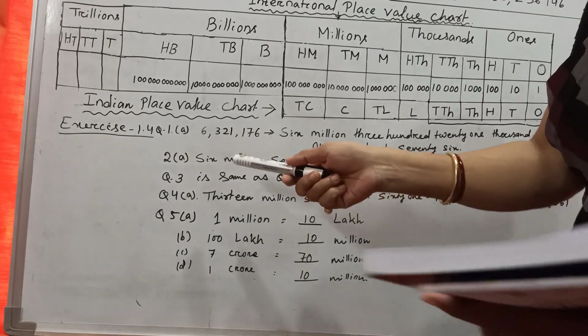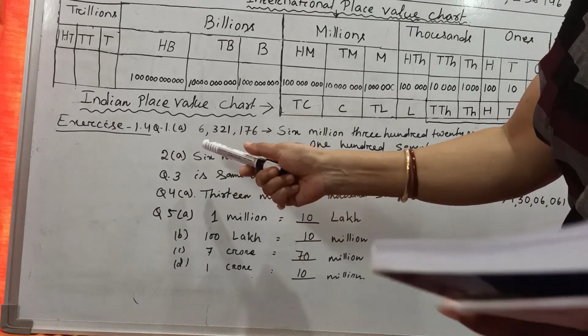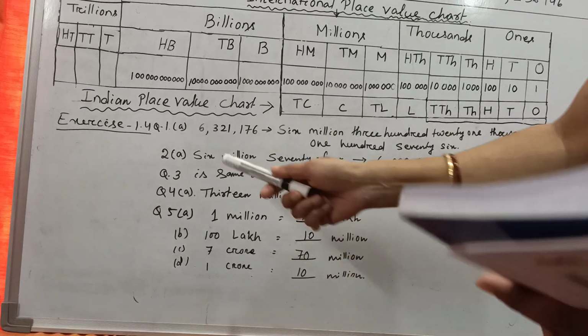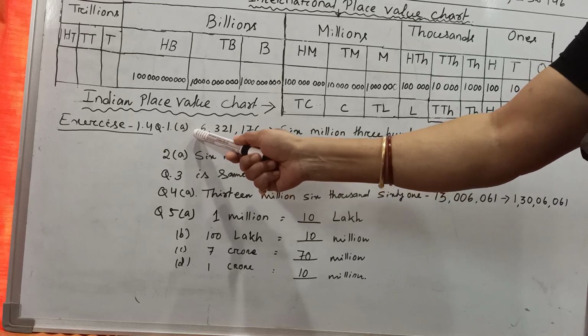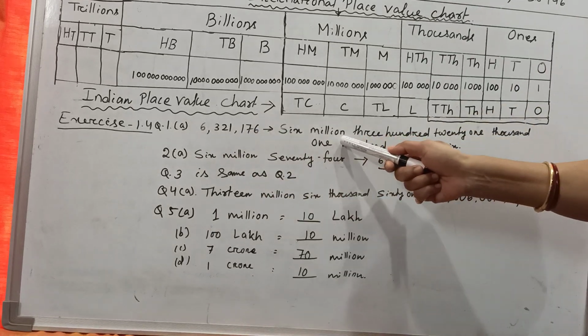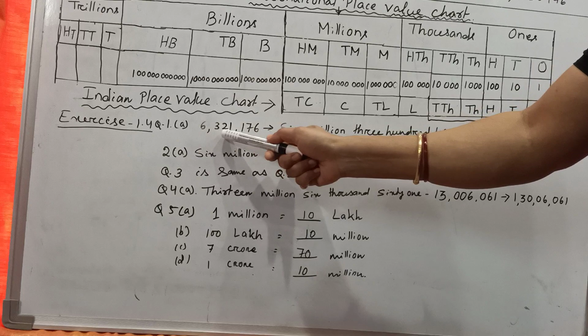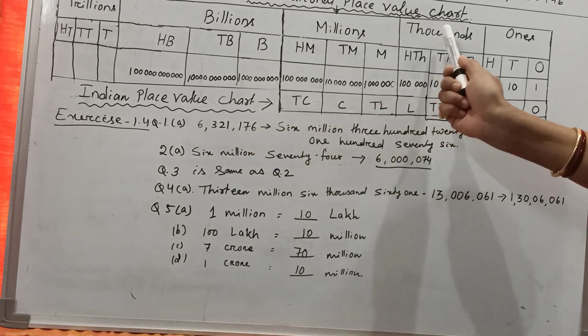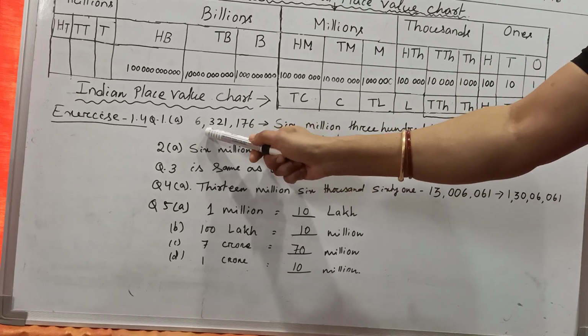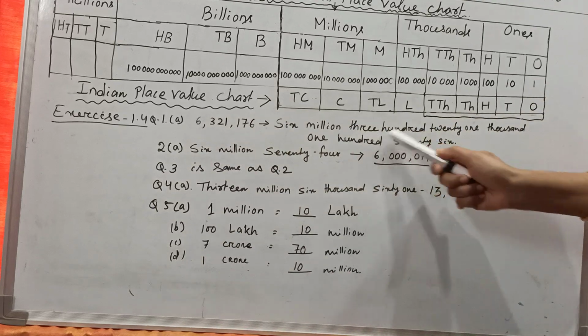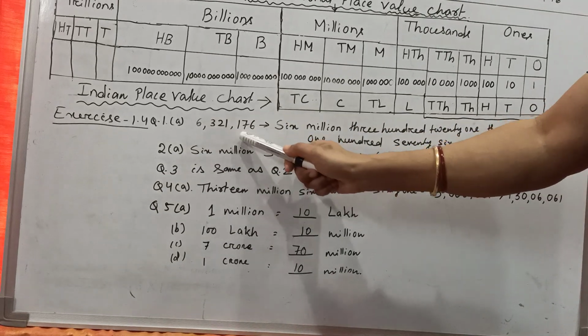I have done one question for you. Here it is given 6 million. 6 is in the million place, so I have written 6 million. 321, this is in the thousand period, so this is 321,000. Then 176.